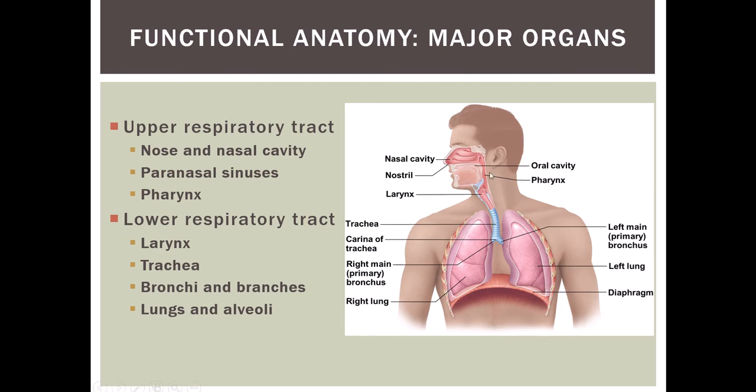So this is all upper respiratory system. And then the lower respiratory tract is the larynx, the trachea, and then on into the lungs where we have the bronchi and all of their branches, and then eventually getting out, of course, to the alveoli where we primarily have external respiration taking place.